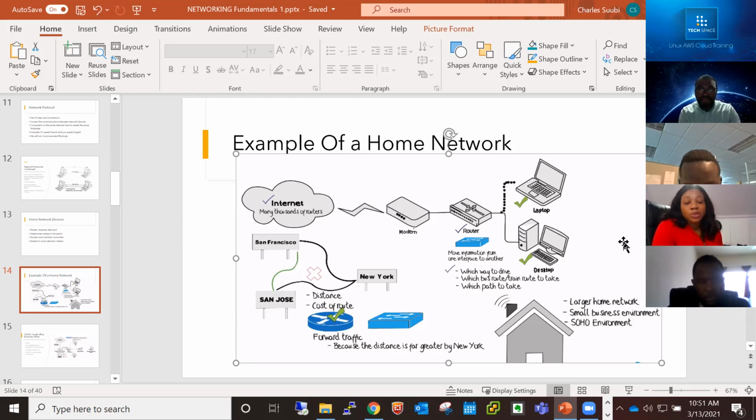The modem gets the internet signals as an analog signal, because the router can understand a digital signal. So the modem helps convert the signal to a digital signal and gets it to the router. Then the router will be able to get that internet connection into our laptops and desktops that we use for our internet connection. Awesome. Thanks, that's amazing.